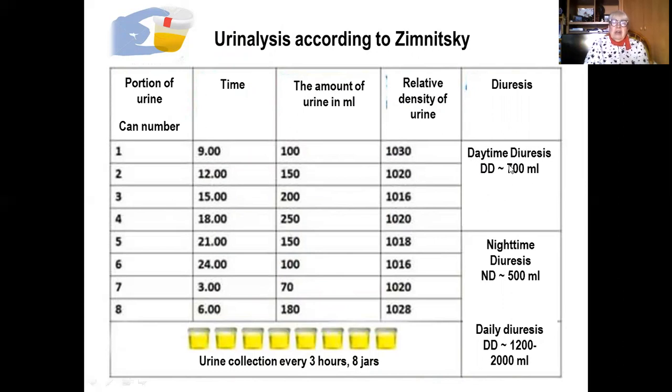It will be near 700 milliliters. Nighttime diuresis in normal cases will be near 500 milliliters, and daily diuresis summarized has to be 1,200 up to 2,000 milliliters per whole day.